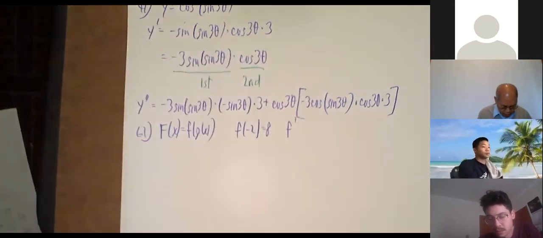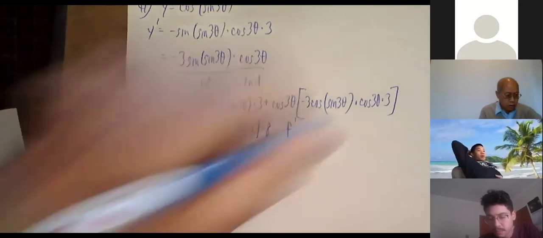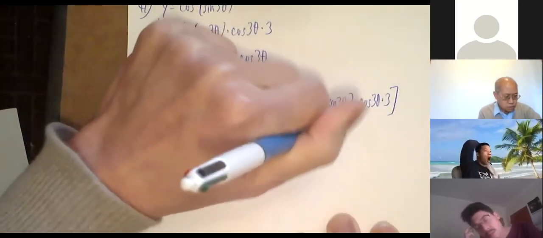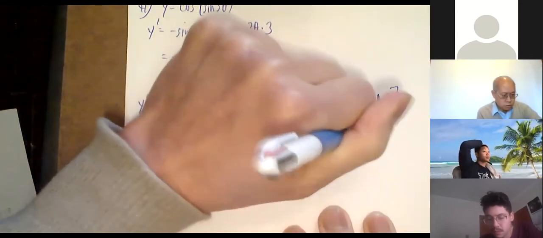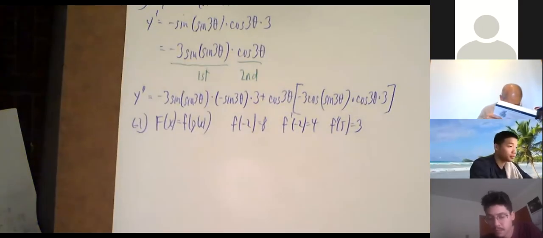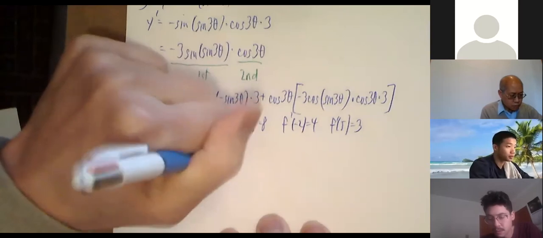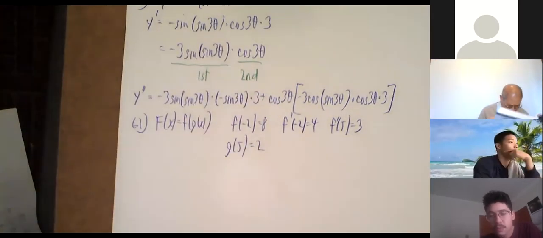F prime of negative 2 is 4. F prime of 5 is 3. G of 5 is 2. G prime of 5 is 6.